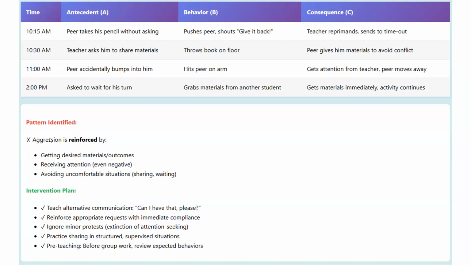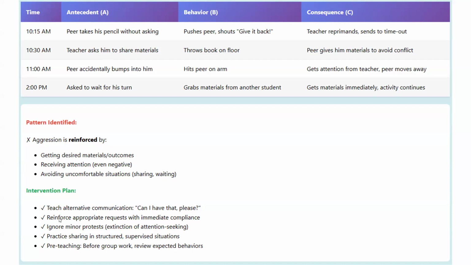The pattern identified is that aggression is reinforced by getting desired materials or outcomes, receiving attention, even negative attention, and avoiding uncomfortable situations like sharing and waiting.